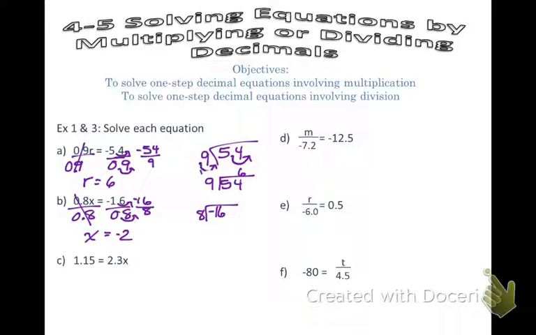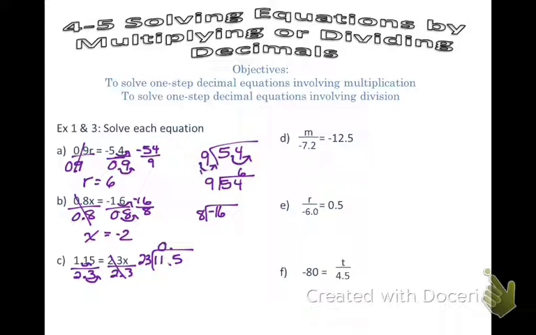Alright, so C, you have 2.3x, so 2.3 is multiplying to x, so we're going to divide by it. We're going to move the decimal over. So now it's 11.5 divided by 23. 23 does not go into 11, but 23 goes into 115.